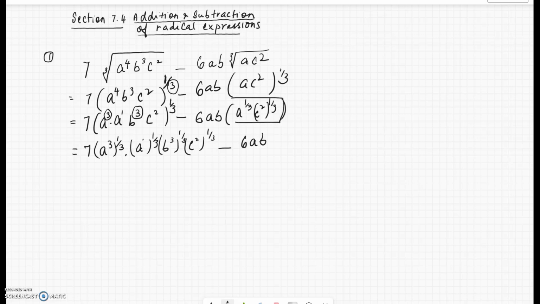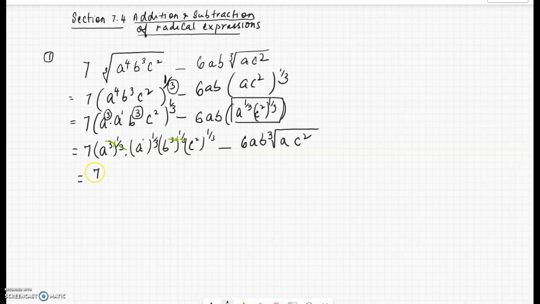There's not much simplification we can do here, so I'm going to put it back as the cube root of AC squared. And we were not able to simplify, so I'm just writing it as cube root of AC squared. Now, these two are multiplied together, so the 3 and the 3 cancel each other out.